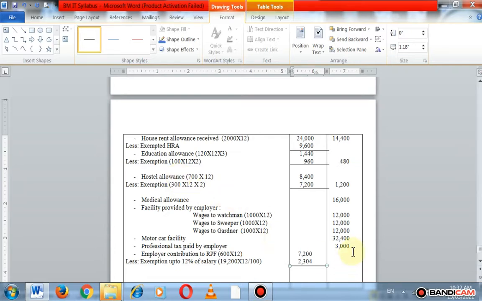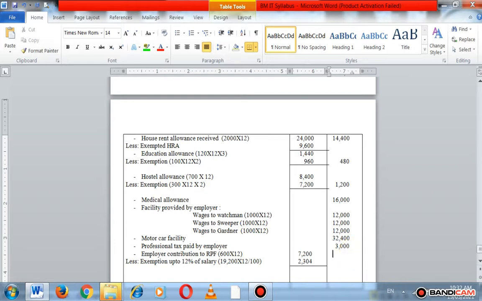That is the taxable contribution of rupees 4,896. Okay, 4,896. Then the last one is interest.